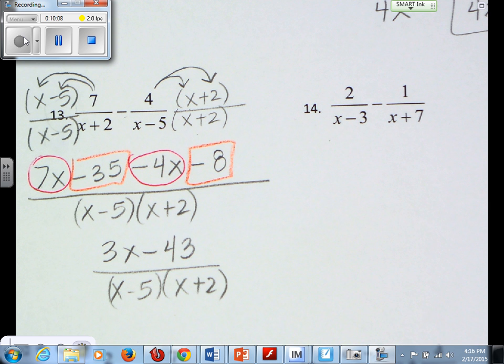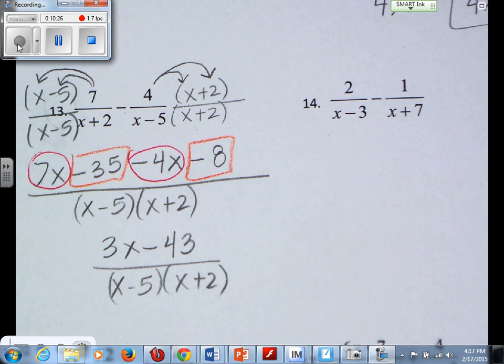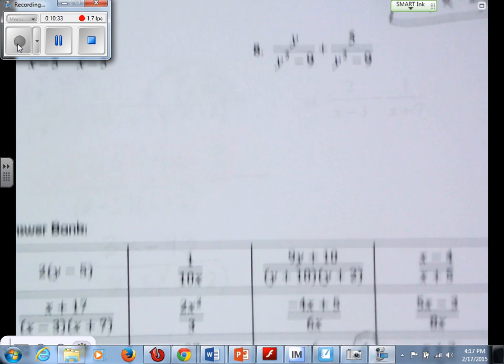Is that an answer choice? I don't see it. No. We have to reduce it. If you look at your answer bank, you cannot find the answer 3x minus 43 over x minus 5 times x plus 2 because there's a typo.